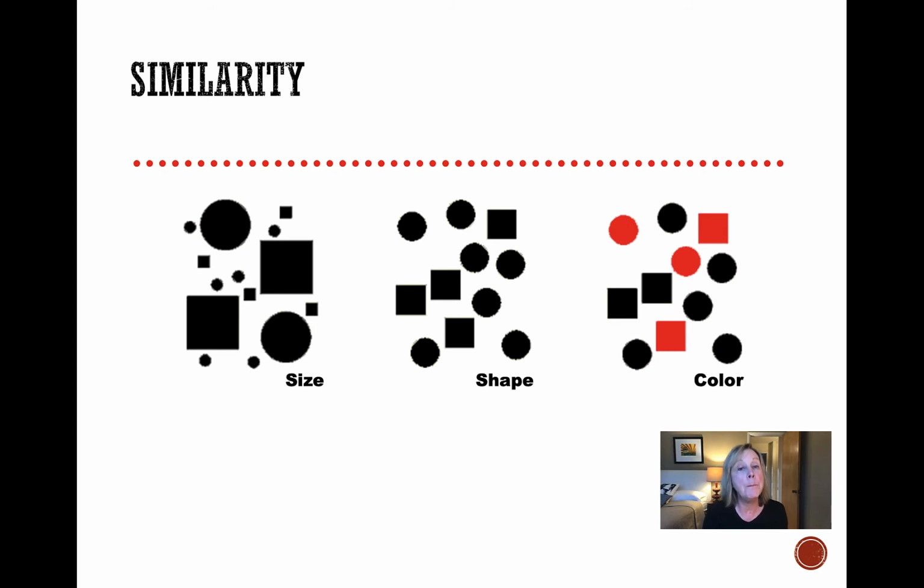Here we've got bigger size, and so we group the larger squares and circles. We see those as prominent and as a unit. In the smaller one, we visually group them, or in the next one, we visually group them by shape. And in the last one, we visually group them by color.